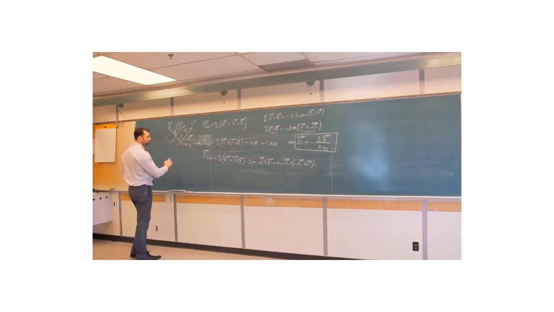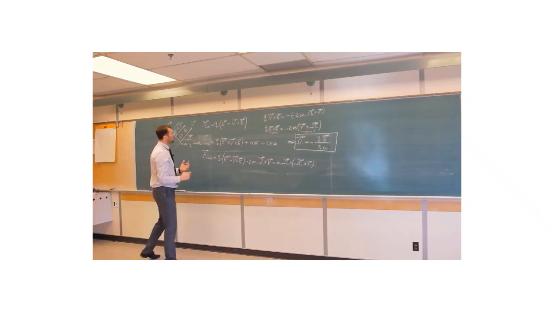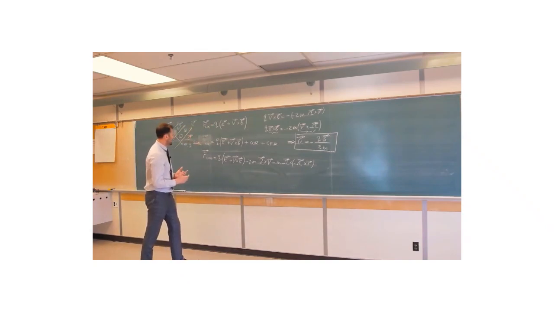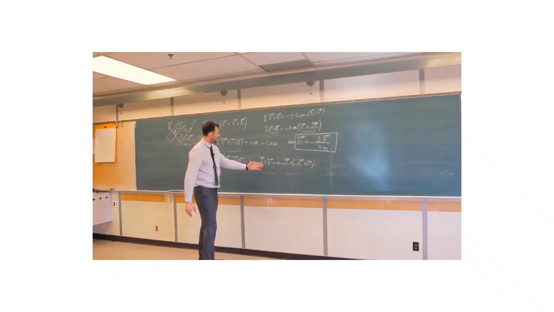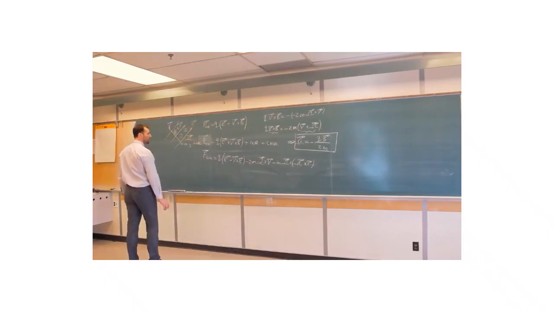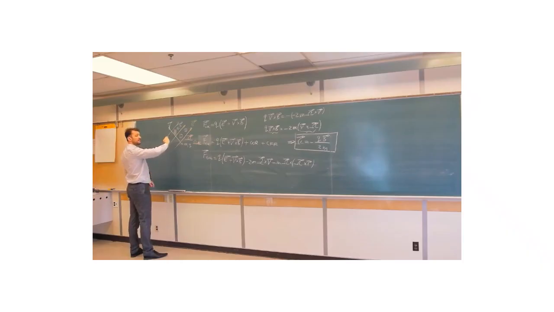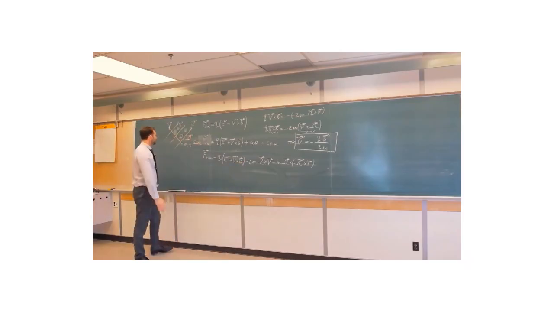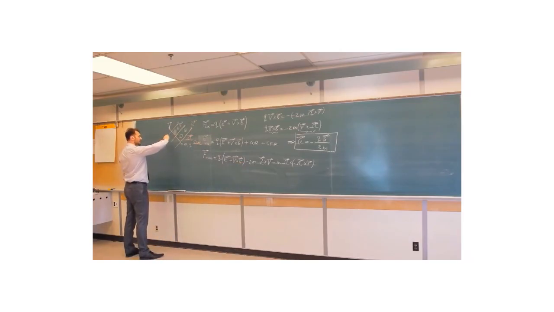Now, what would be the direction of Coriolis force? Omega cross V would be like this, in the same direction. So you might say, oh my God, you made a mistake, but I didn't, because there is this minus over here. So omega cross V would be in this direction, but because of the minus, it will go in that direction.